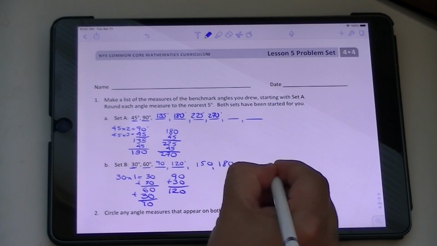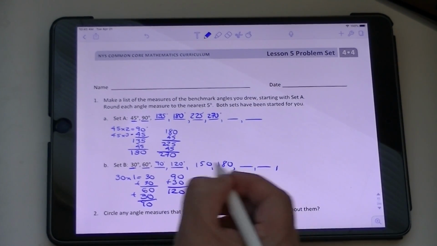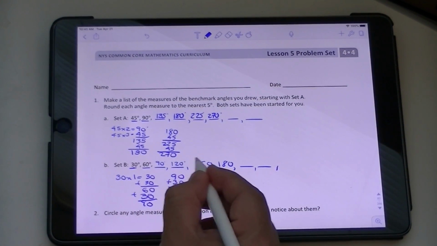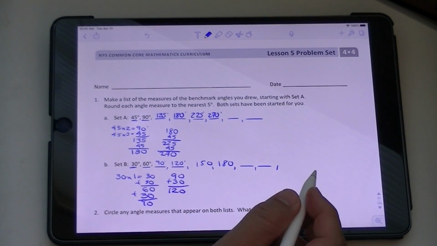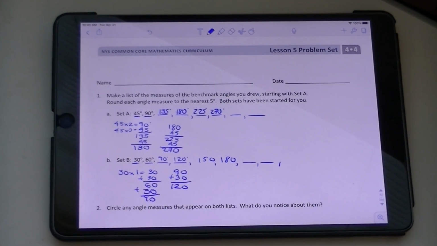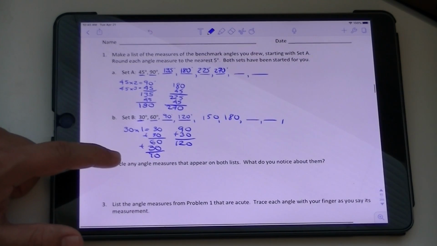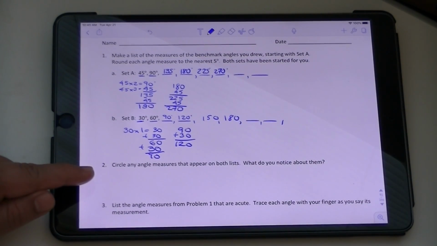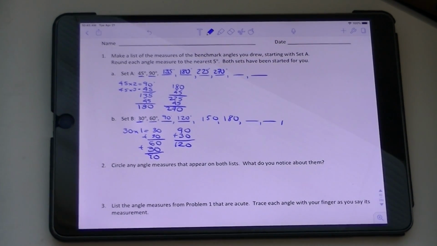So make 1, 2, 3, 4, 5, 6. Well, 6 multiples.